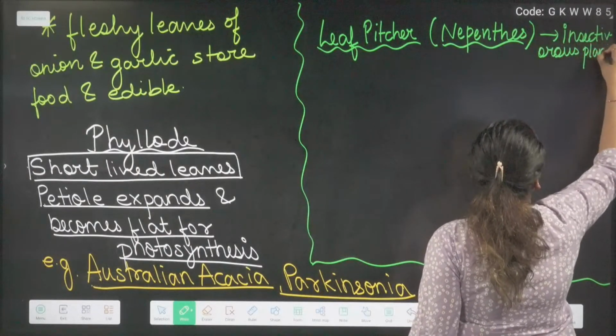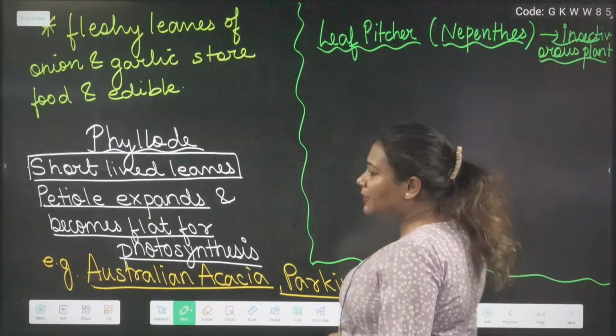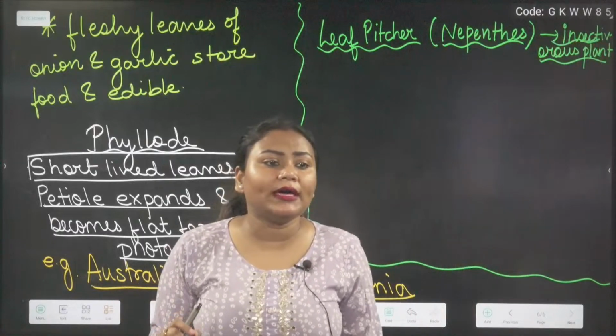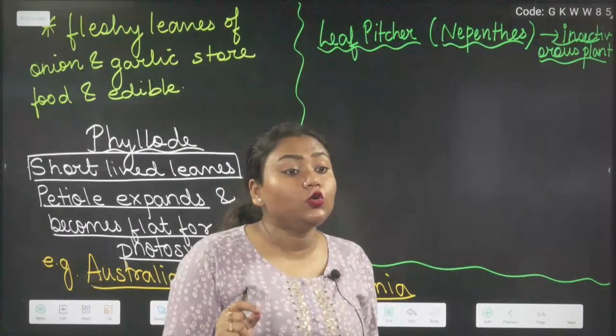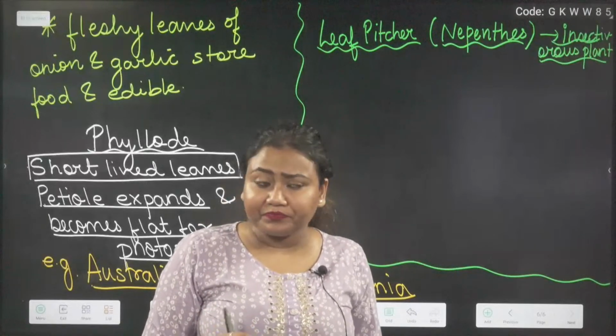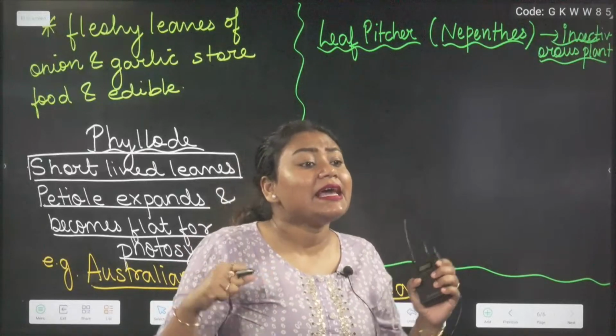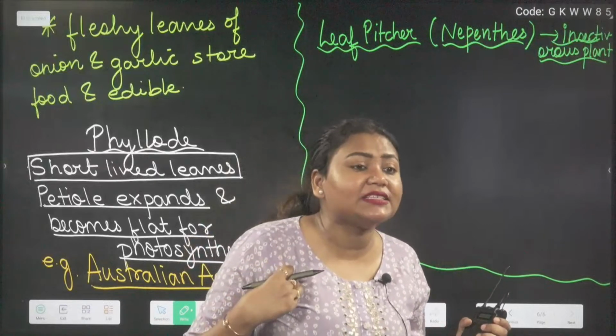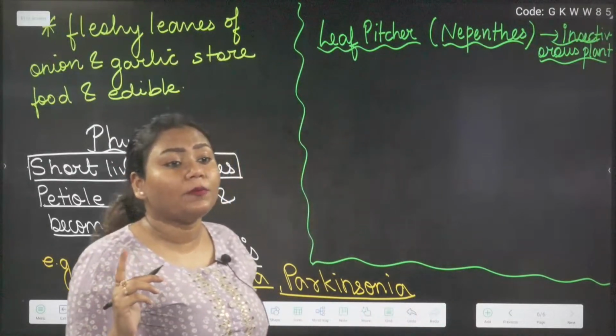Why is it an insectivorous plant? Pitcher plant grows in areas where the soil does not have nitrogen. So how will it get nitrogen? It traps insects, kills them with digestive enzymes and gets nitrogen from the insects.